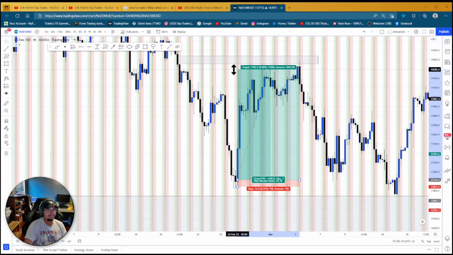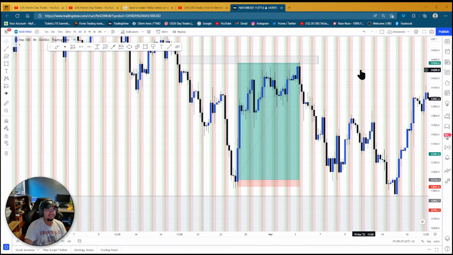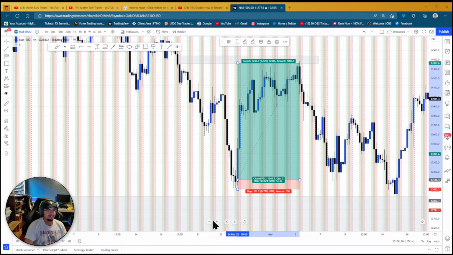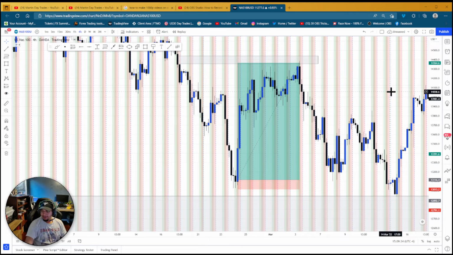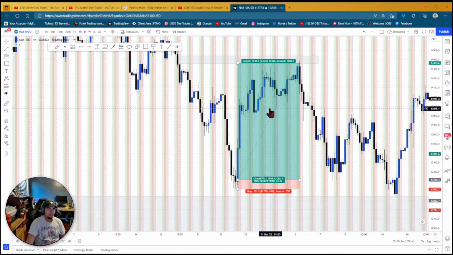This turns into a 1 to 16, almost 1 to 17 risk to reward, guys. And let's say we did leave that at 100 under these wicks right here. That's where we're targeting. So this is now a 1 to 12 to 2.25 risk to reward setup.